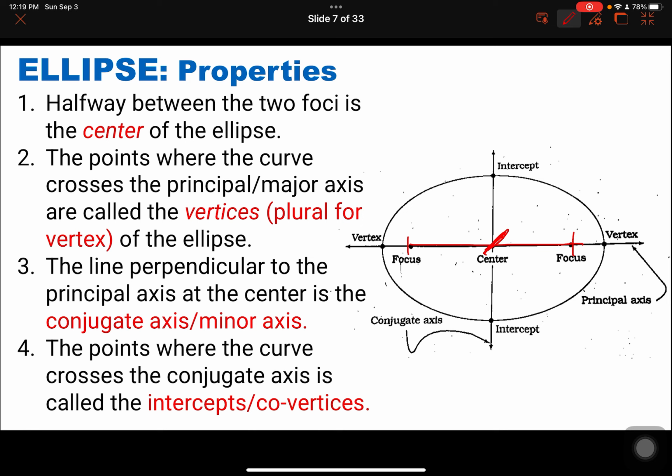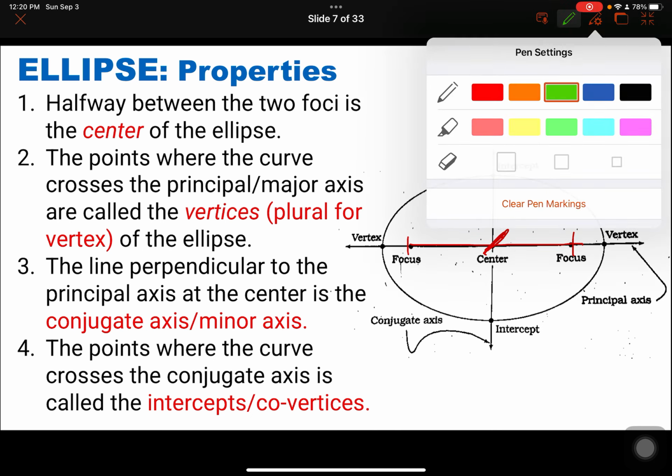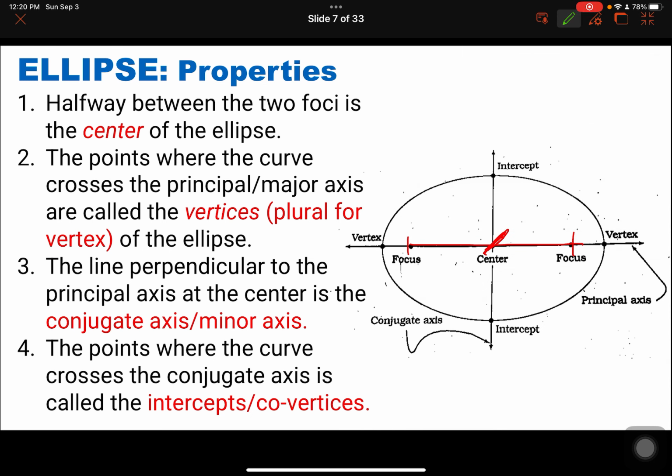The points where the curve crosses the principal axis are called vertices, the plural form of the word vertex. So our vertices are where the principal axis is, the longest axis, and take note, our foci are also there.